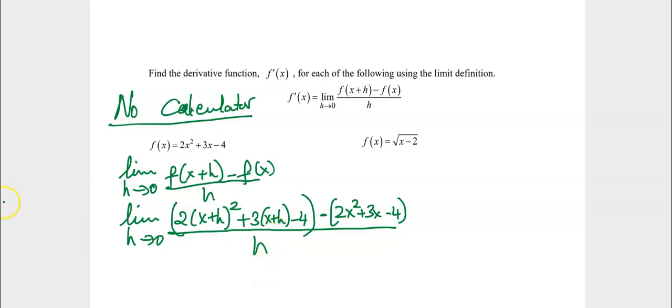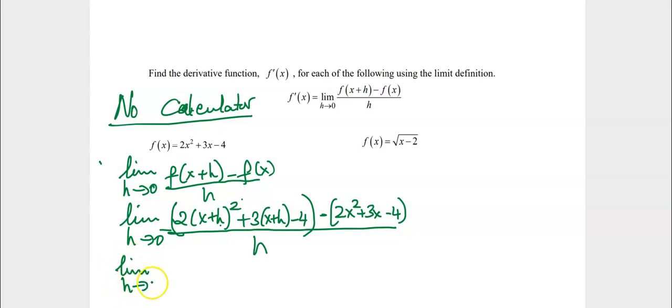Okay, let's simplify this. At this point, if you substitute h equal to 0 directly, you will get a 0 by 0 form. If I substitute h as 0 here and simplify, it becomes 2h squared plus 3x minus 4 minus the same thing. So we have to simplify further.